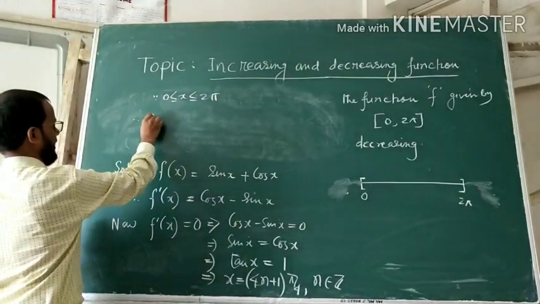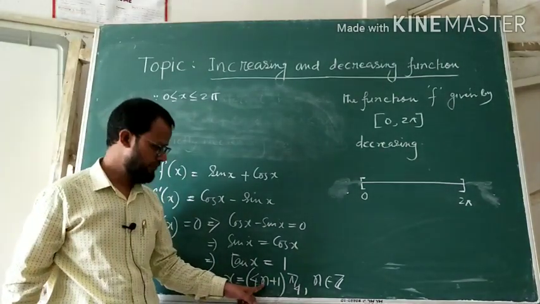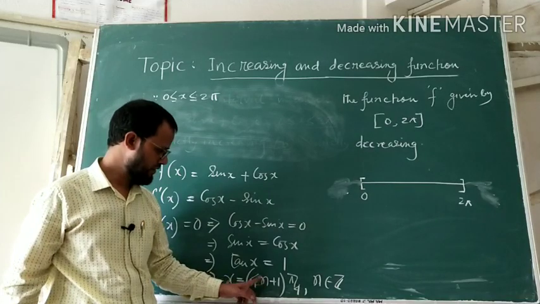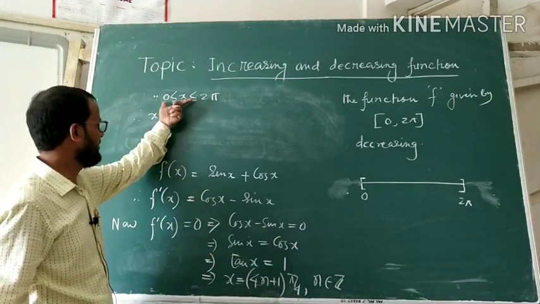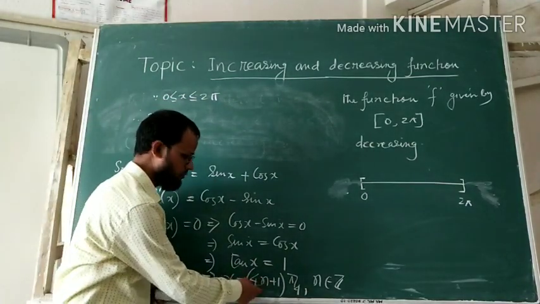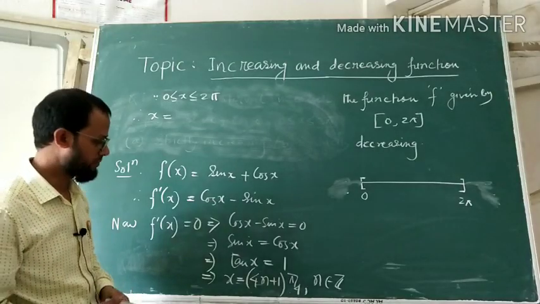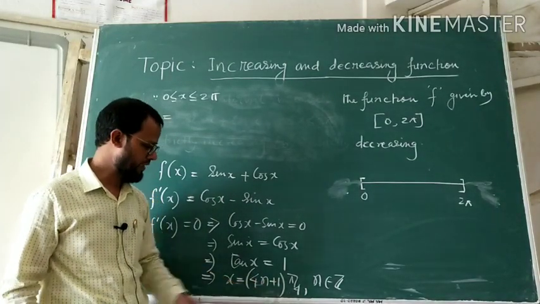If n is an integer and you put n negative, all these values will become negative, and because there is no value of x less than 0, we are excluding negative integers, -1, -2, we will not put.